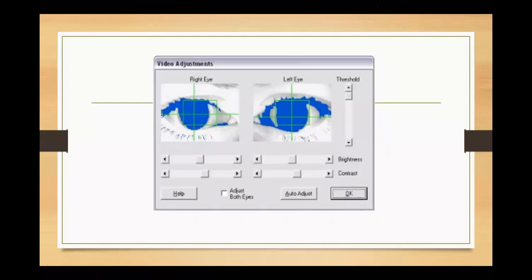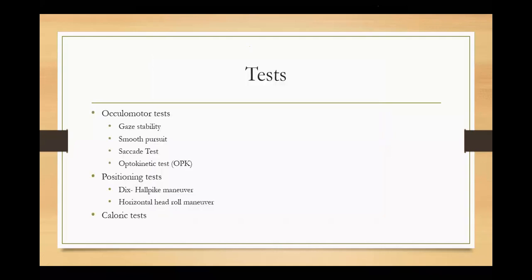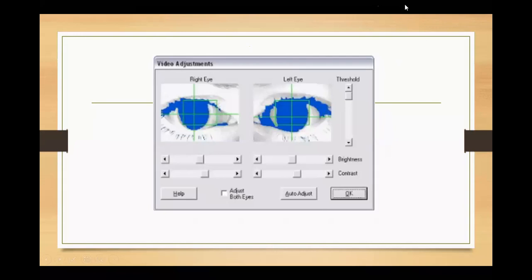So we have to calibrate things properly. We have to first set the goggles properly if you are using a VNG. Otherwise, we will not get proper recordings.